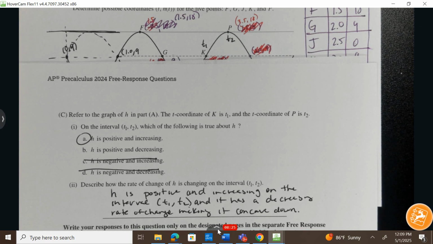I'm sorry, my handwriting is so sloppy. H is positive and increasing on the interval T1 to T2, and has a decreasing rate of change, making it concave down.